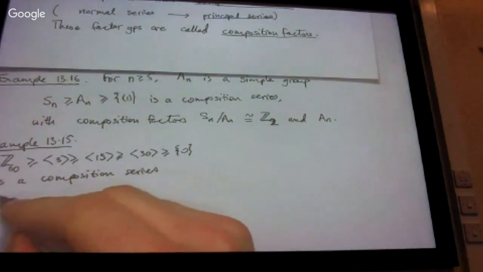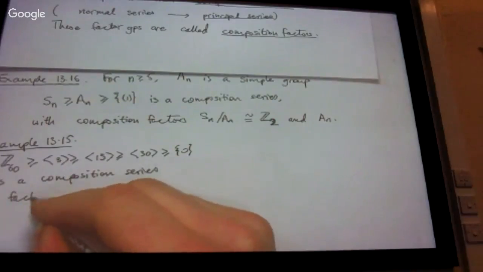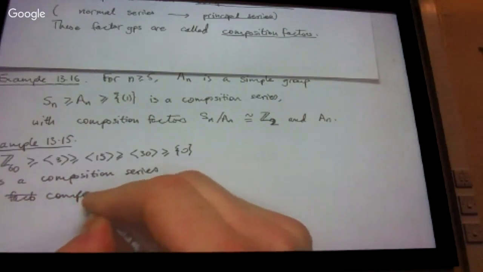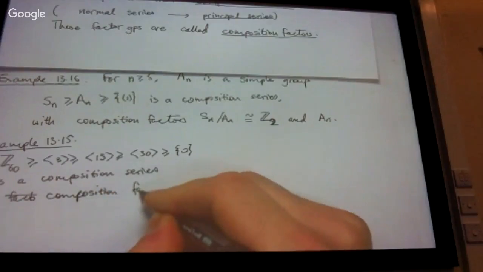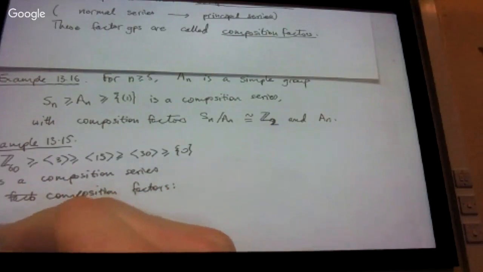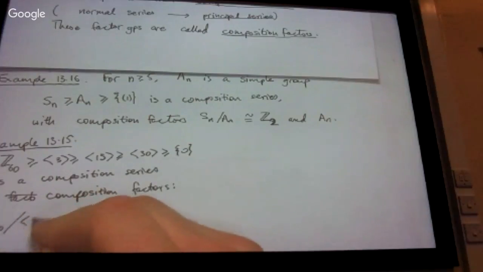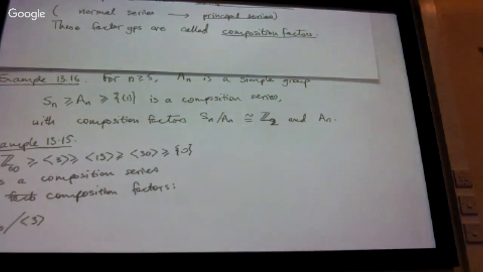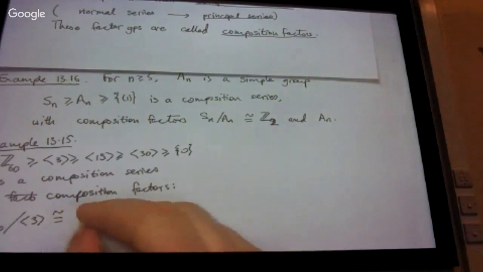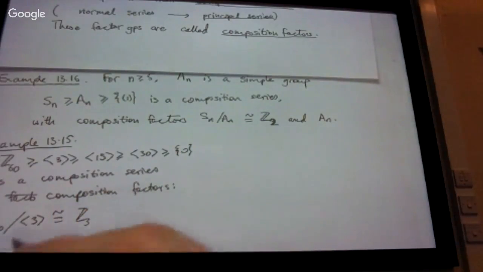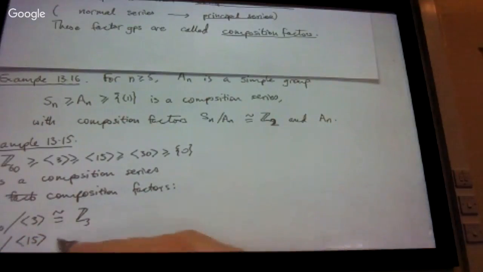And then the composition factors: Z60 over the multiples of 3 is isomorphic to Z3, and you take all the multiples of 3 factored by all the multiples of 15, it's isomorphic to Z5.